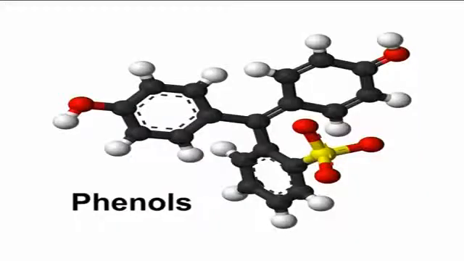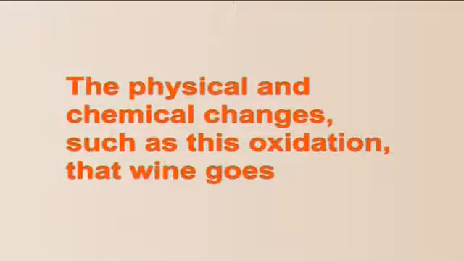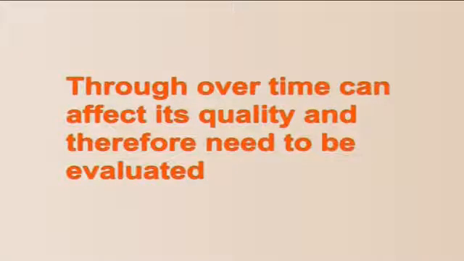Phenols are chemical compounds found in alcohol that contribute to the body and structure of the wine. As the wine ages, these compounds will oxidize. The physical and chemical changes due to oxidation that the wine goes through over time can affect its quality and therefore need to be evaluated.